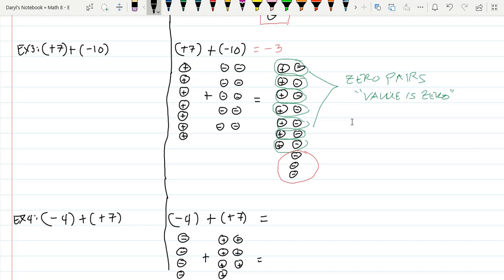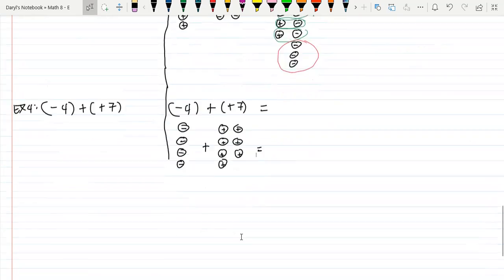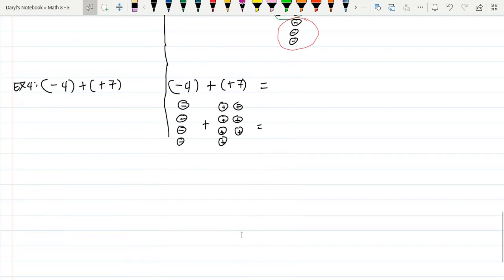If you combine the two, altogether you have the 4 negative chips with the 7 positive chips. Again, you should expect that if a negative chip combines with a positive chip, you're creating zero pairs.